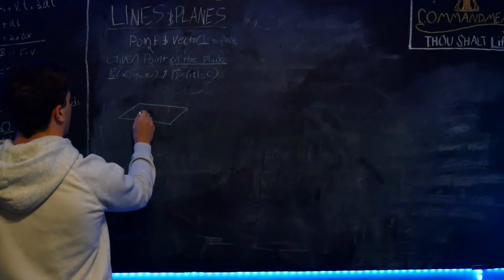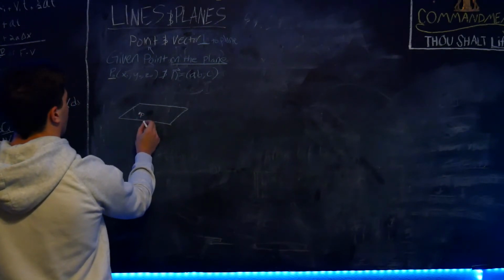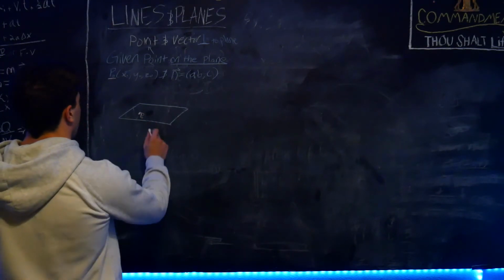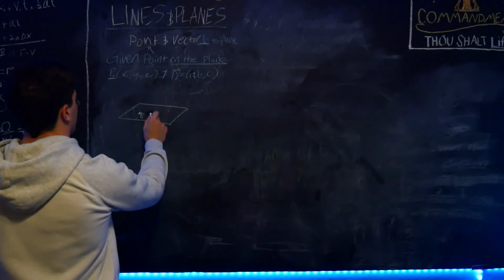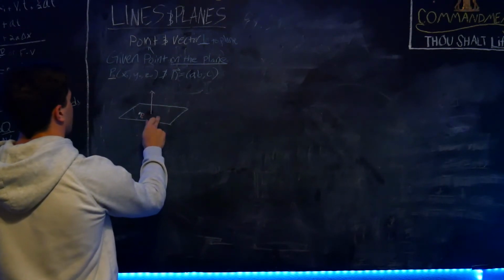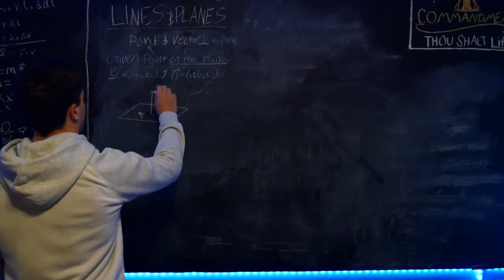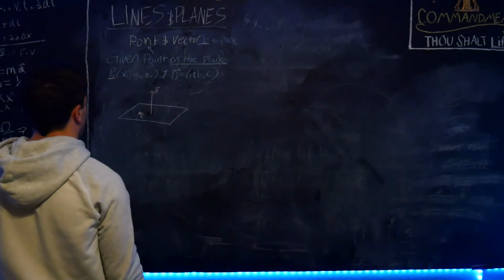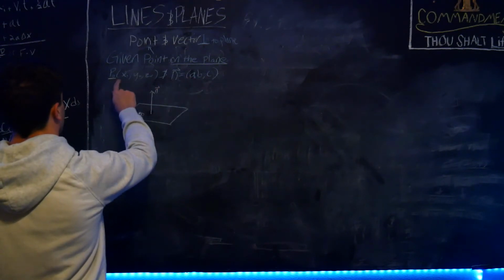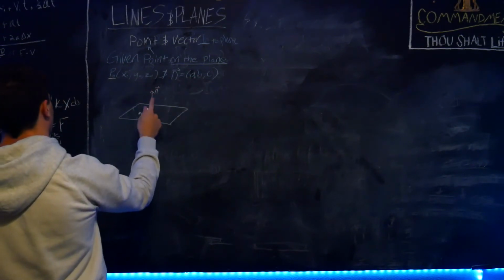Why not? Just because we can. It doesn't have to be in the center. Alright? And a vector normal or perpendicular to this plane. Alright? Let's call it N. Alright? And ABC, you can write that out if you want.